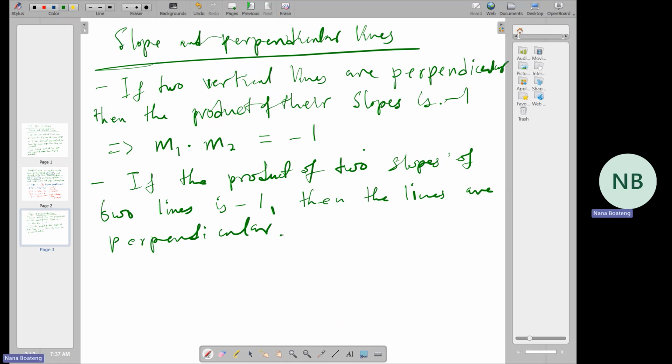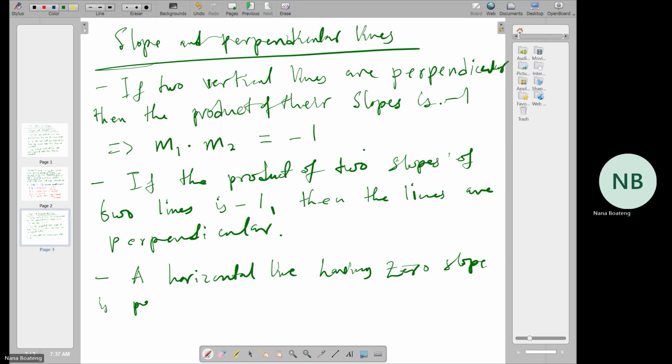And also, a horizontal line having 0 slope is perpendicular to a vertical line having an undefined slope.